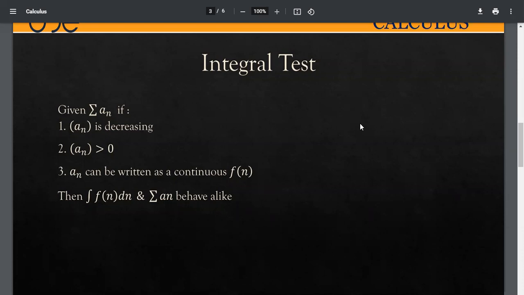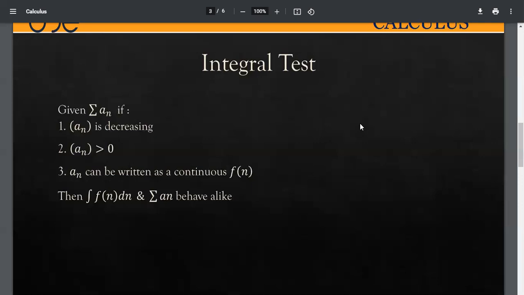So if we have an infinite series a_n, and all terms of a_n are positive, and the sequence a_n is decreasing, and a_n is a continuous function that could be written as a function f of n, then whatever the improper integral of f(n) dn gives me, the behavior of the integral will be the same as the behavior of the series.